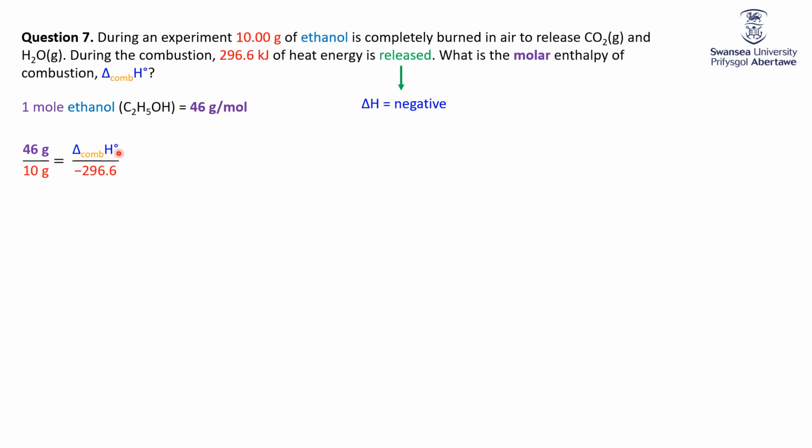I'm interested in what's the heat that corresponds to 46. So set it up as a little ratio, multiply it out, and we find that the heat of combustion is minus 1,362 kilojoules per mole. So this is a molar heat question, but you need to know the definition of heat or enthalpy of combustion.